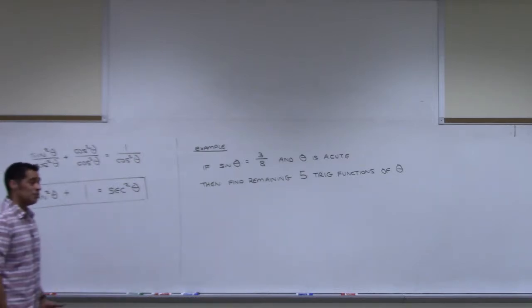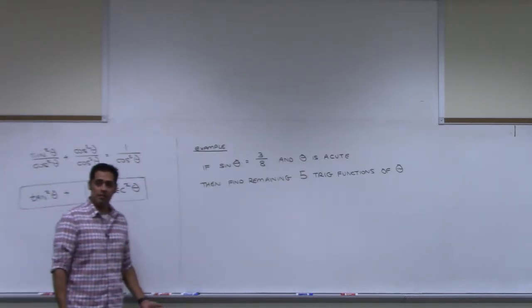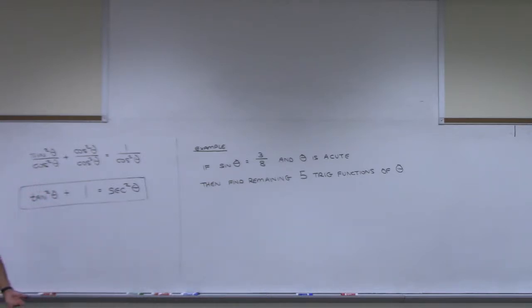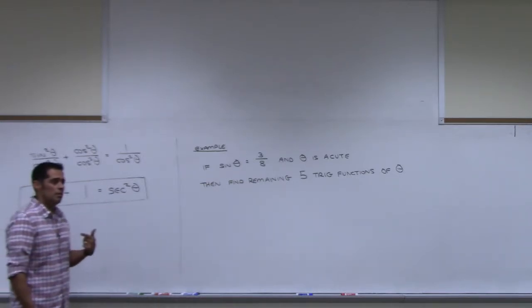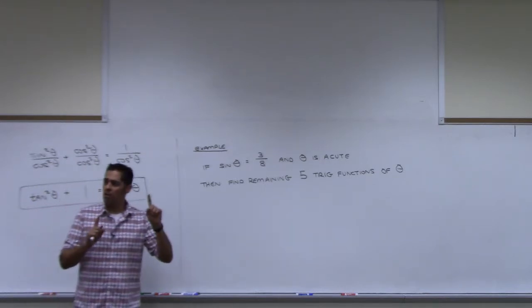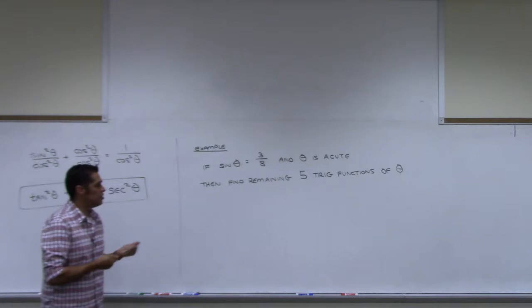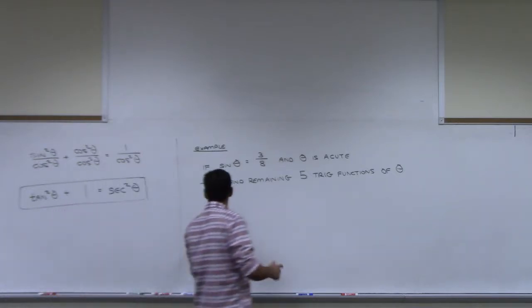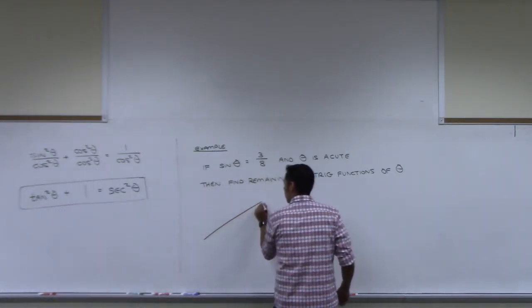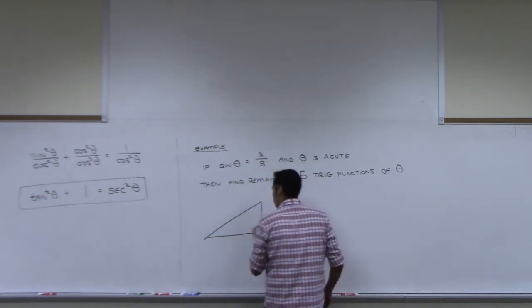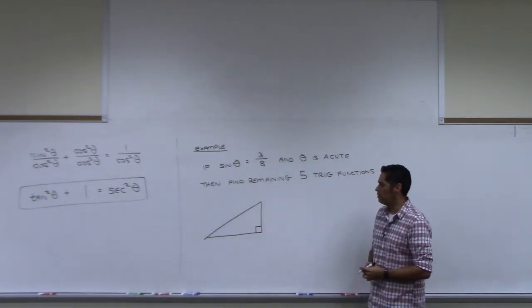So since this section is called right triangle trigonometry, right, we are going to start by trying to draw a right triangle. Because remember, in a right triangle, the 2 smaller angles have to be acute, don't they? So I'm going to try and draw a triangle that matches the information I'm given. So here's a right triangle.